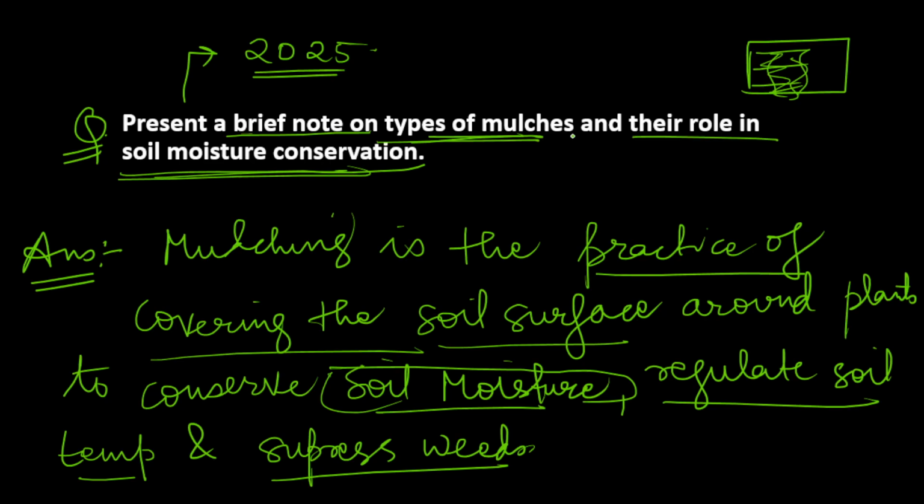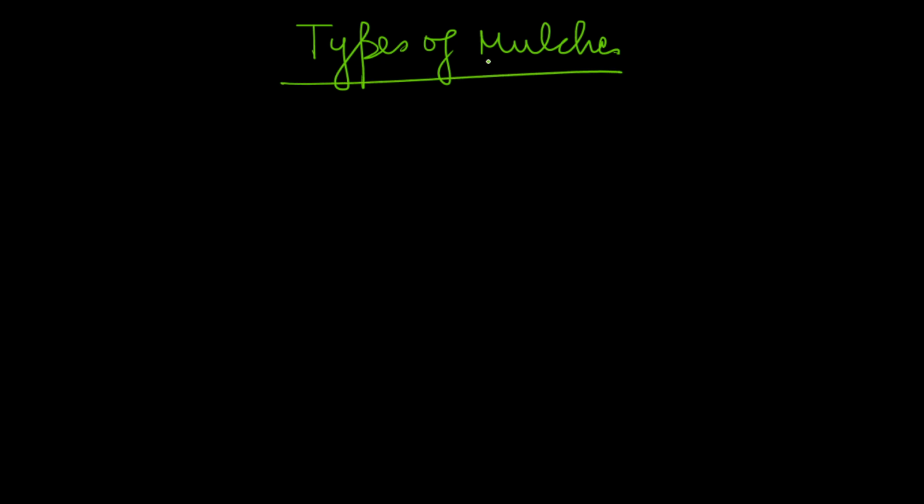Now when we move to the body, the first part is asking us to discuss the types of mulches. So let's discuss it. Generally it is divided into two types, that is organic mulches and inorganic mulches.